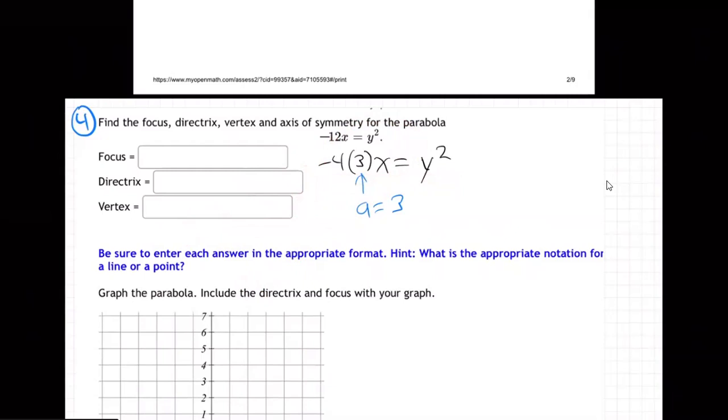Let me write it down here: negative 4 times 3 times x. Negative x is left. Our branches have to go in the negative x direction, right? That's negative x, positive y, negative y. We're going in the negative x direction, to the left.